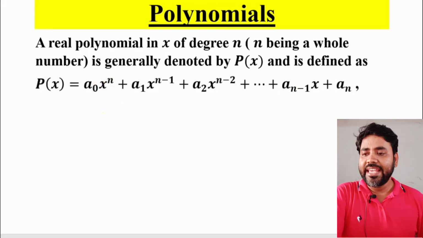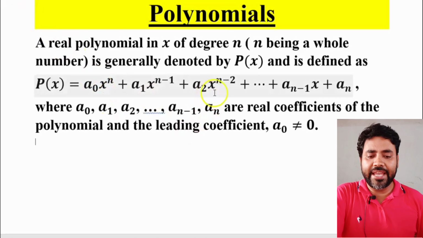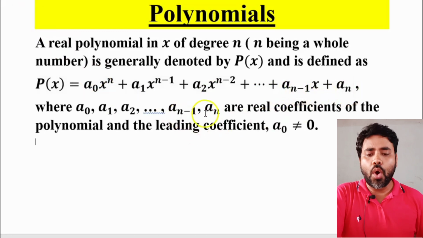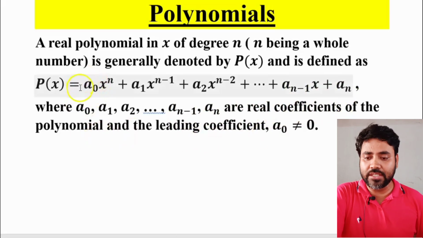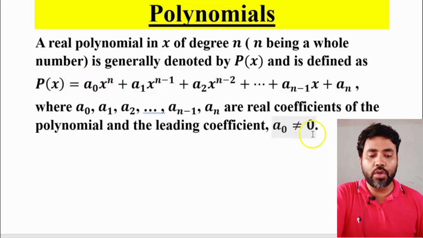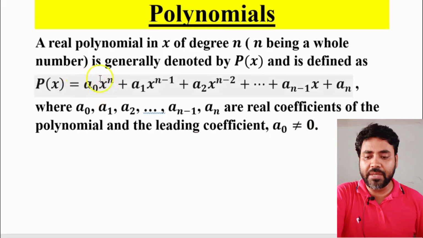Here a0, a1, a2 and so on, a(n minus 1), an, all are real coefficients of the polynomial, and a0 is called the leading coefficient of the polynomial. This should always be non-zero. If this becomes equal to 0, then this polynomial no longer remains a polynomial of degree n.